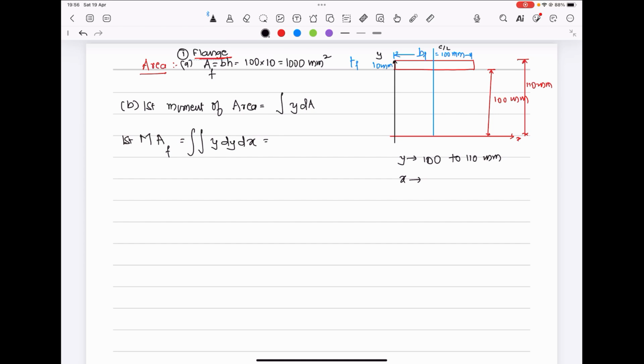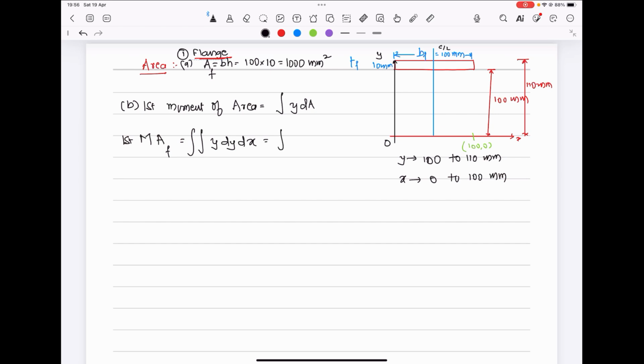This is the origin. X varies from 0 to 100. Y varies from 100 to 110.